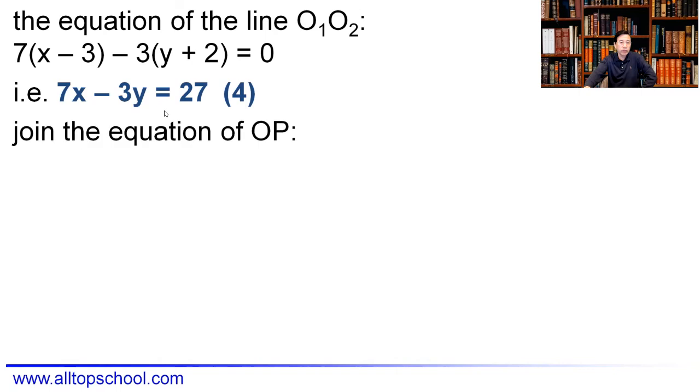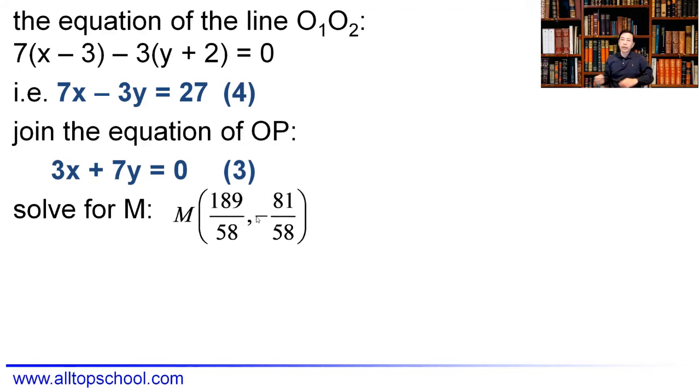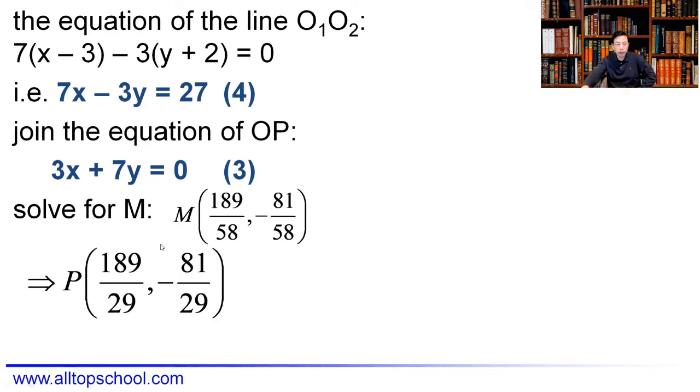So we get the two equations in x and y for M. Once we get this intersection point, that will be M. And we get P, because M is the midpoint of OP, so the coordinates of P are exactly twice the coordinates of M. So we just double this, cancelling the 2 with the denominator.